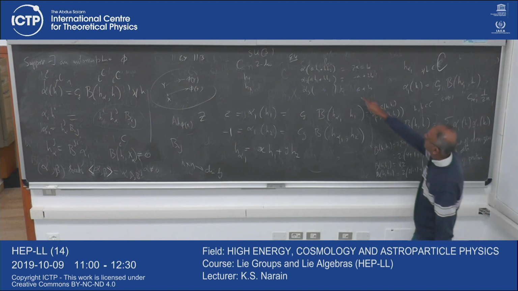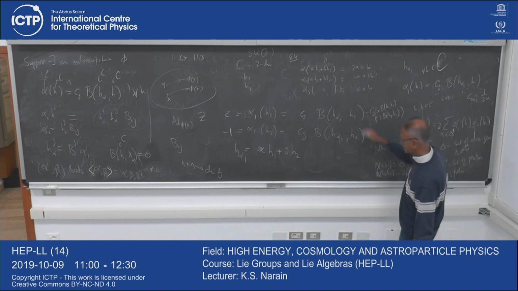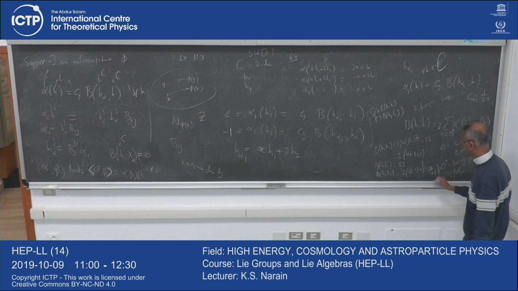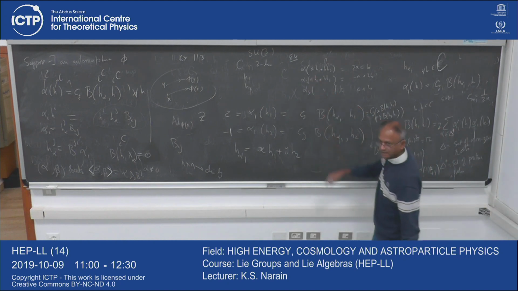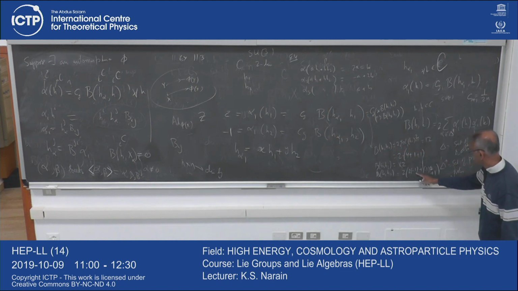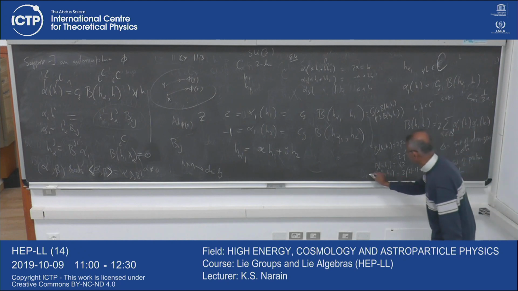The last one, both are 1, so you get +1. We are using this formula, alpha I of H1 times alpha I of H2, summed over I. So this becomes -4 plus 1, that is -3. So this is -6.